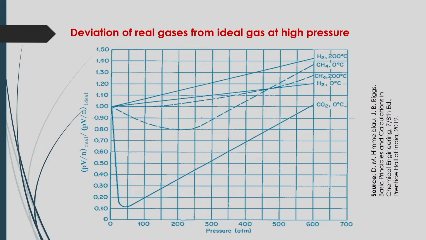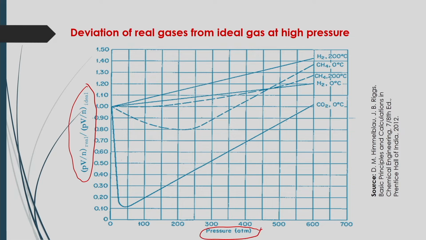one graphical representation, as given by Himmelblau in his textbook, of how real gases deviate from the ideal gas at high pressure. You will see that on the y axis we have PV by n, that means pressure times specific volume, for the real gas and for the ideal gas, whereas the x axis is pressure.